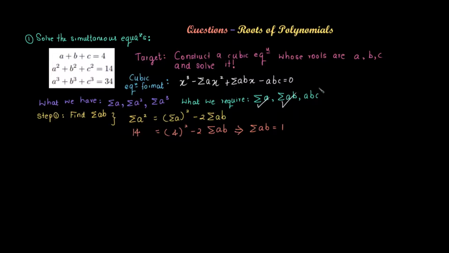So now let's find abc. If you can remember, from the sum of the cubes of the roots, you can find abc. So let's find that now. Sigma a cubed minus 3 times abc is equal to sigma a times sigma a squared minus sigma ab.